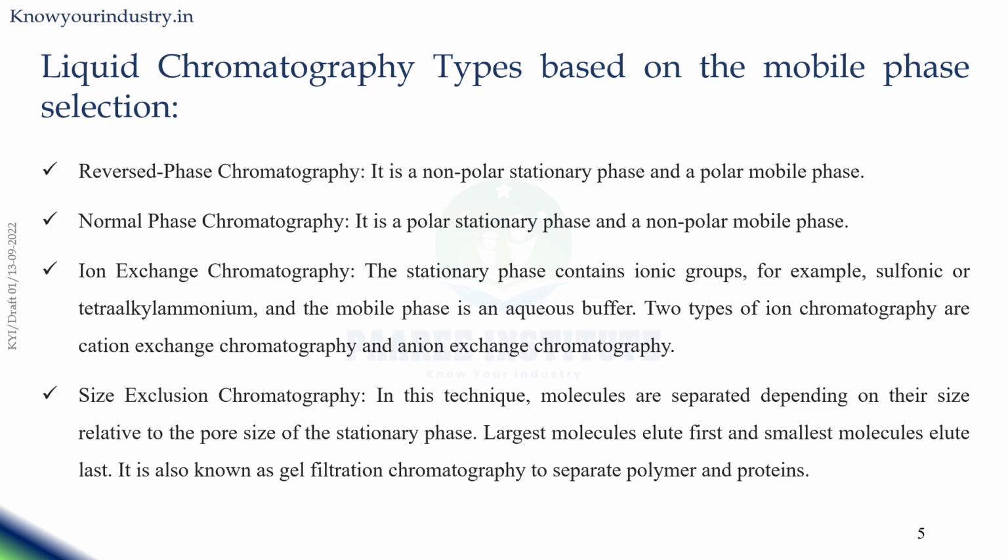First, there are types of chromatography based on the polar nature of the mobile phase used. First is reverse phase chromatography, where a non-polar stationary phase and a polar mobile phase will be used.